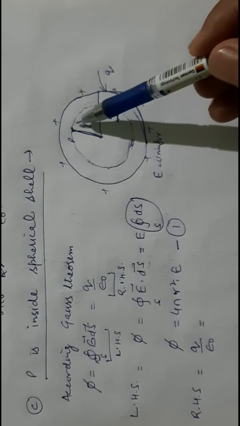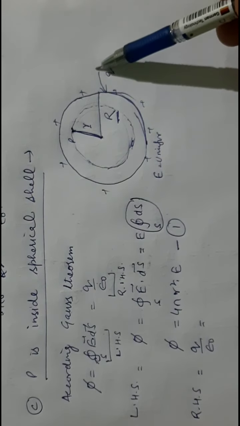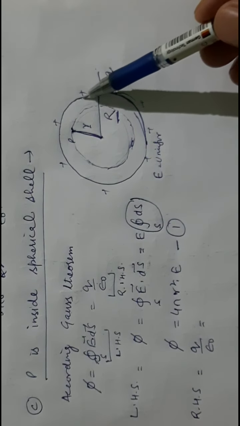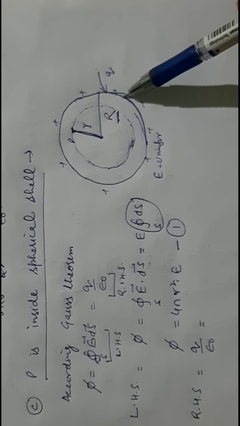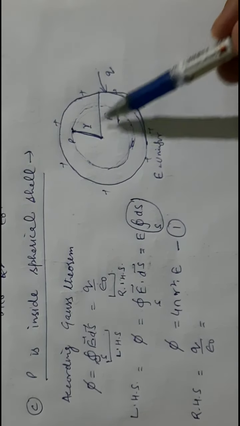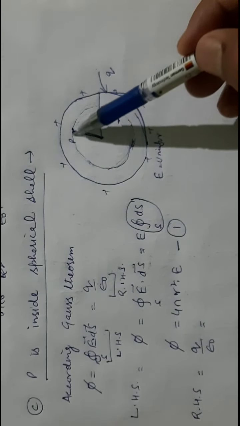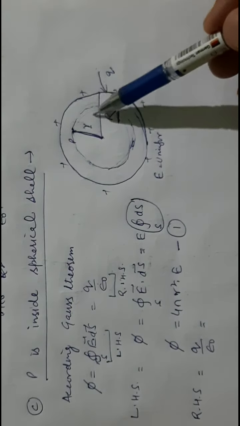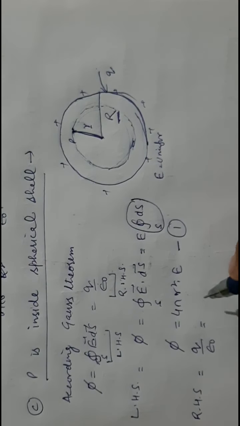So what is the total charge enclosed by this closed Gaussian surface? Whenever charge is given to this shell, the charge is distributed over the shell outside, but no charge is inside. So what is the charge inside this spherical shell? As the charge is outside the shell, no charge is inside, so the charge enclosed will be equal to 0. So the right hand side becomes 0, which is equation 2.